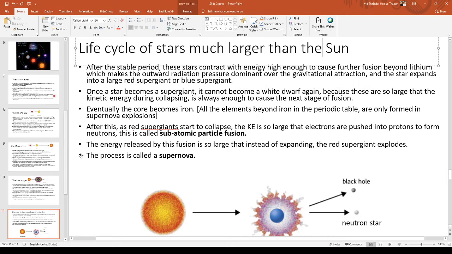So what happens after the stable period? These stars contract with energy high enough to cause further fusion beyond lithium.